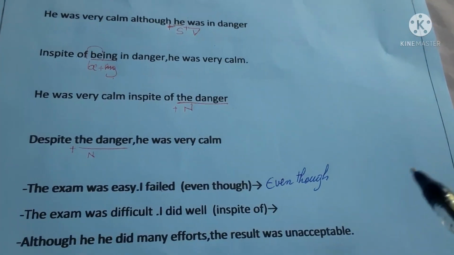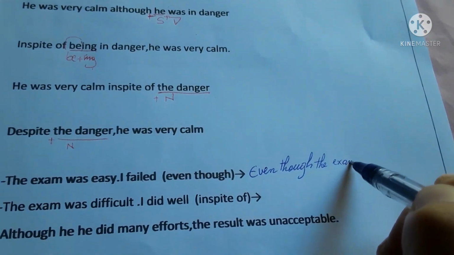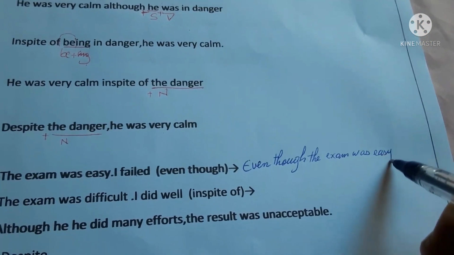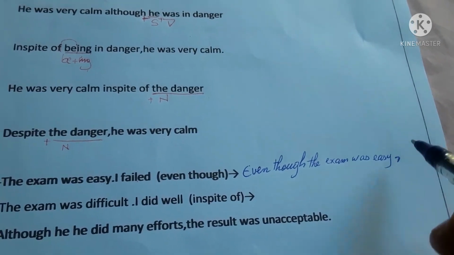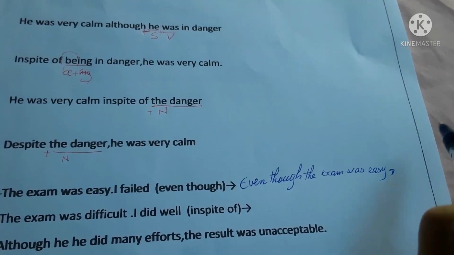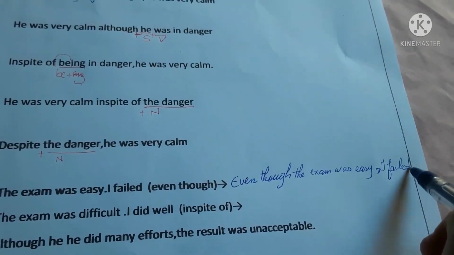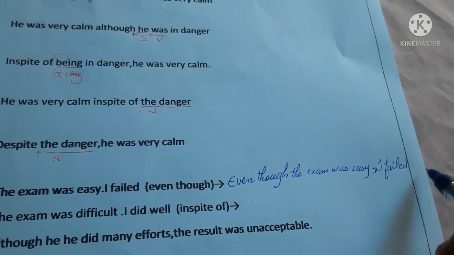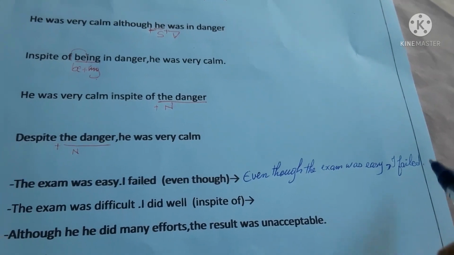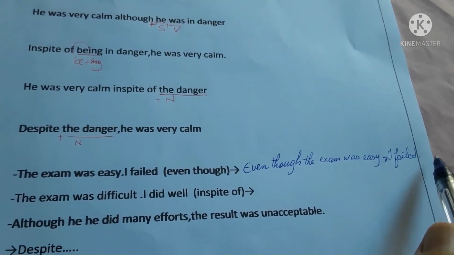Even though the exam was easy, put comma, it was a full stop, we put comma here, I failed it. في هادو ما عندناش تبدال تاع tense، ما بدلوش لو طون تاع الفيرب. Even though the exam was easy, I failed.